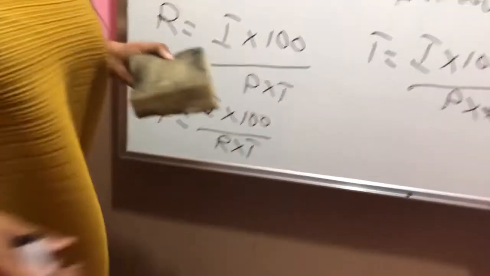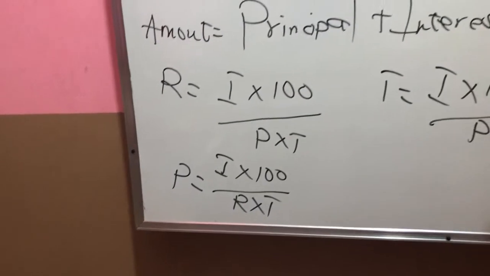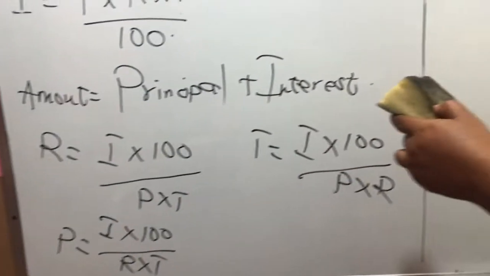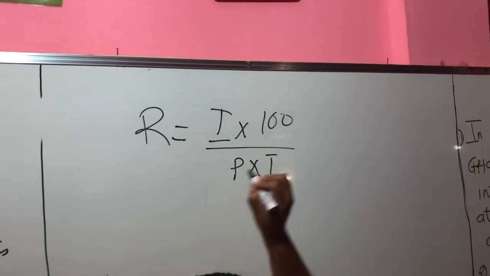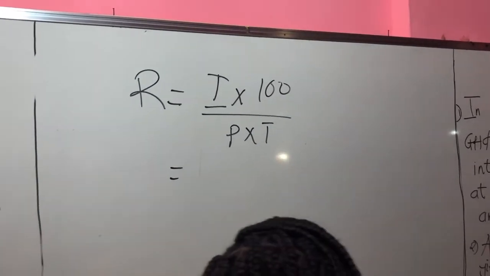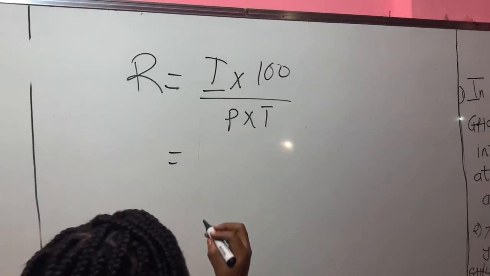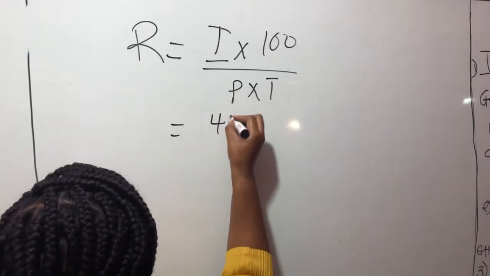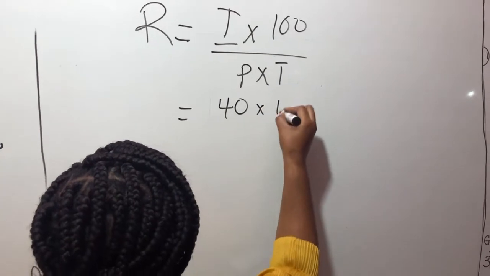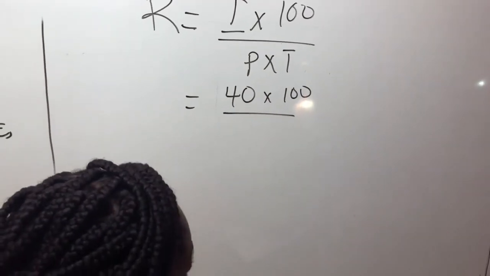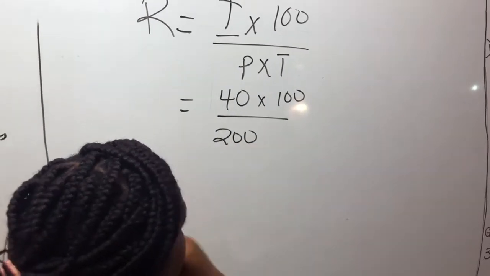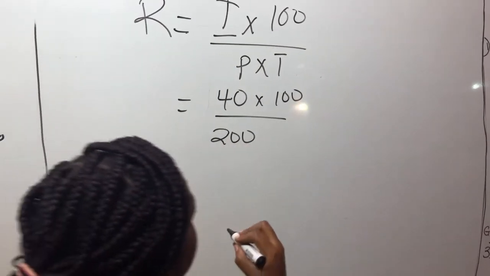So it is R is equal to interest times 100 over principal times time. My interest is 40 cedis times 100. What is my principal? My principal is 200 cedis. What is the time?